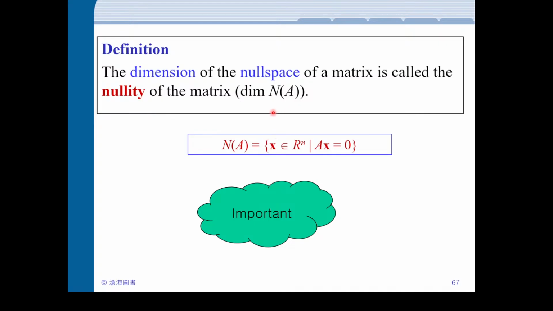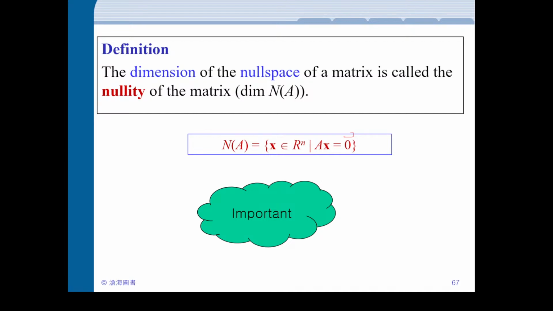Okay, and so we write down: it is the dimension of the null space of A. So N(A) is the null space, and here is a reminder of what the null space of A is: the solution set of Ax equals 0, and I guess this 0 should be the zero vector, so let's write a bit of a vector sign here.